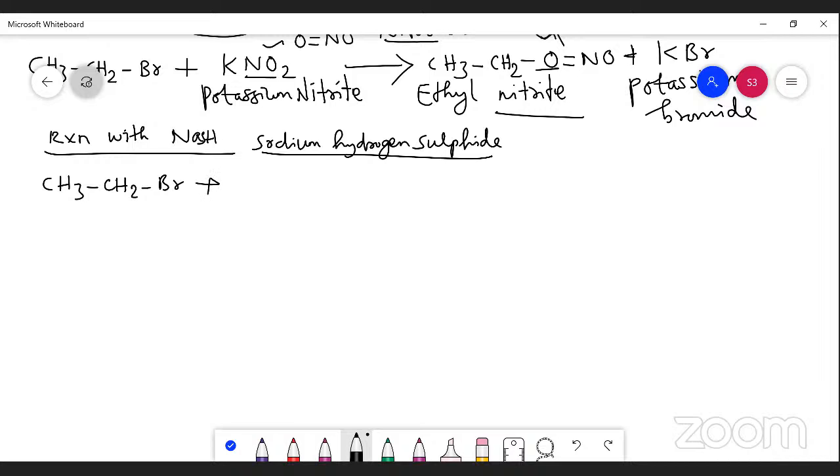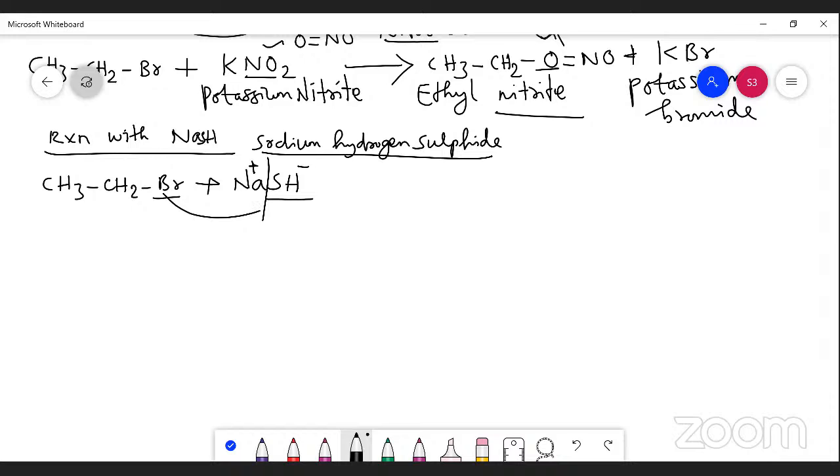Now I am going to add sodium hydrogen sulfide as the other reactant molecule, NaSH. Br is a nucleophile here, and SH is a nucleophile. This is positive and this is negative. Now what happened?